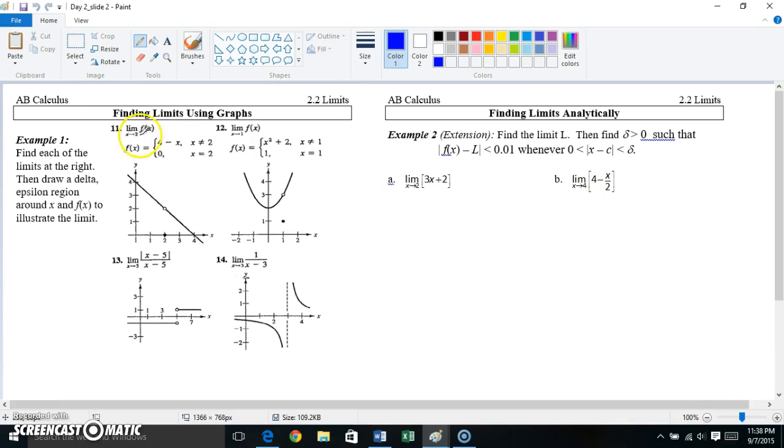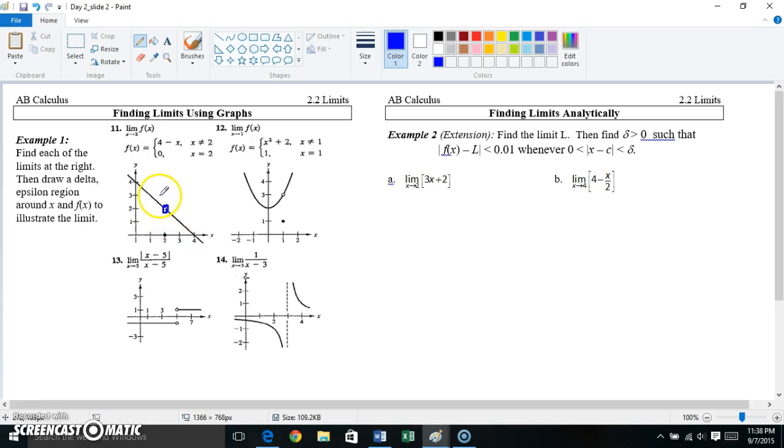So here we have the limit of f of x as x approaches 2. Here's our function, defined as a piecewise function, 4 minus x, for x not equal to 2, and 0 when x does equal 2. So there's a hole in our graph at the point 2, 2.